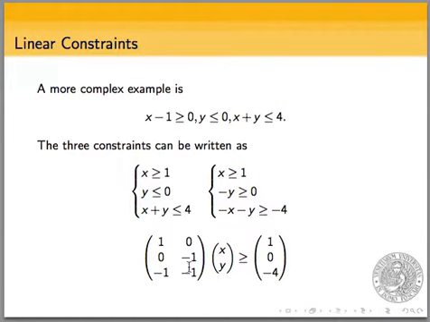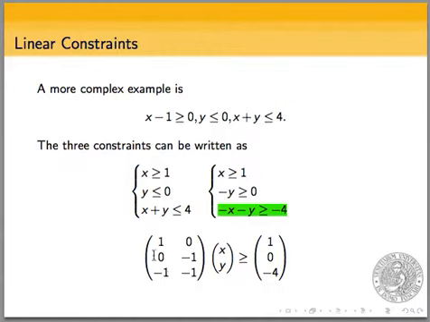In the first row I just have x, this is why I just have 1 here, and there is a 0 for the y because there is no y in the first row. In the second row I just have y, and the coefficient of y is negative 1, and I have no x, and this is indeed the reason why I write a 0 here. And for the third row, as much as the third row is concerned, I have negative 1 and negative 1.